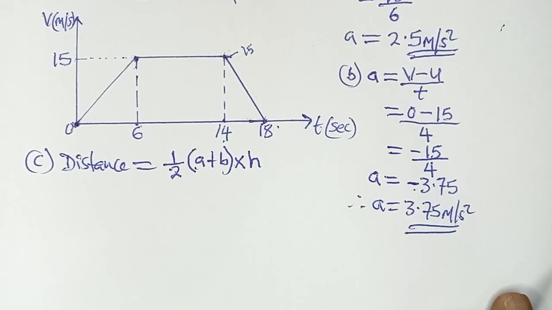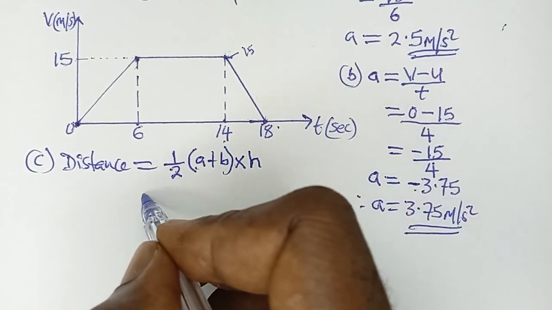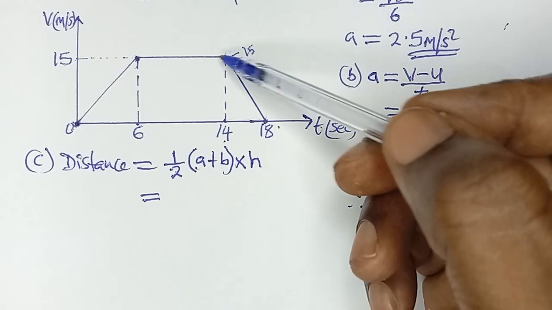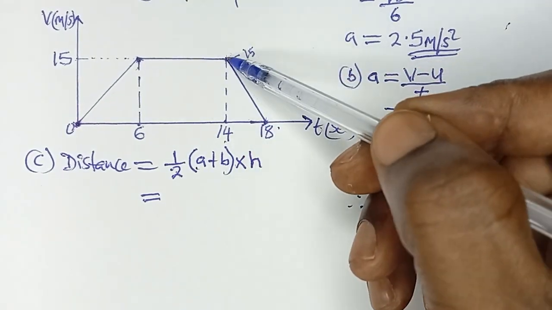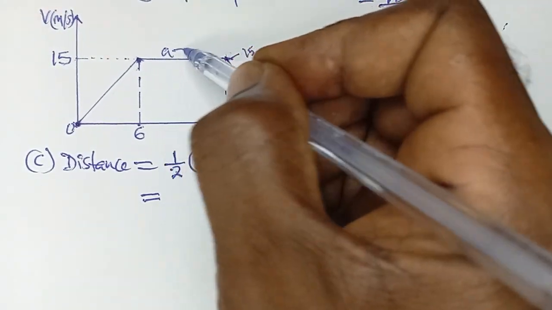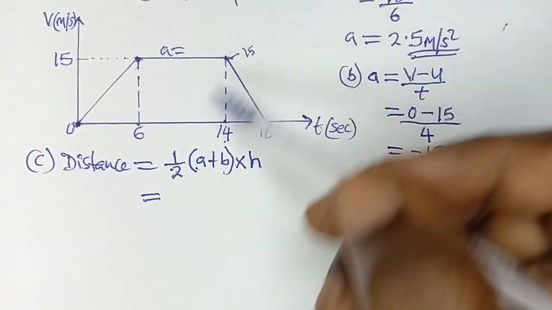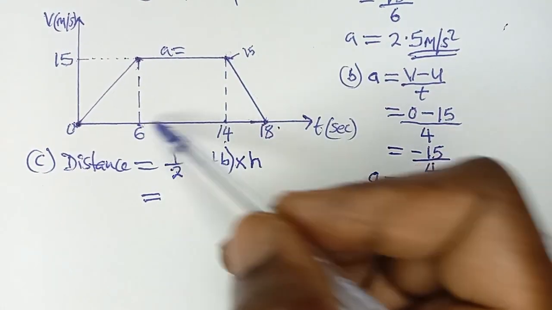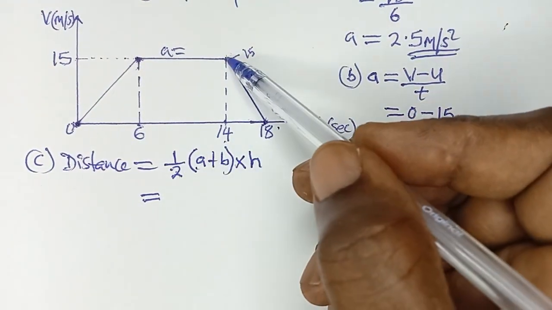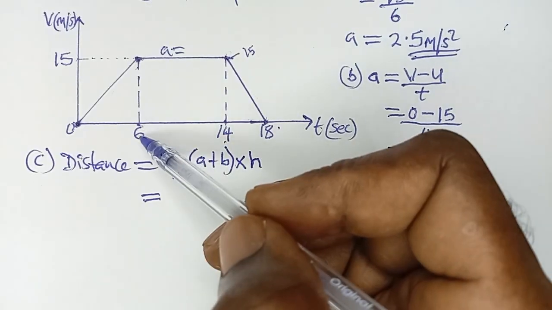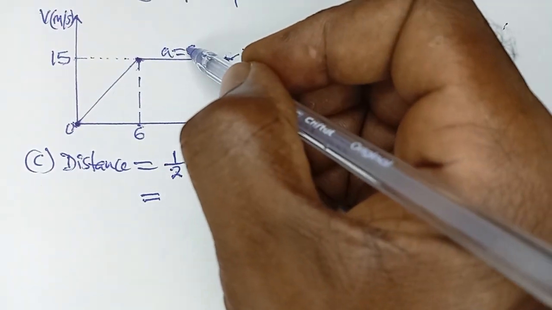So now let's put in the values. This is the top part A. What is the value of A? It can be read from the bottom part. Don't forget, this part is also equal to this. So 14 minus 6 will give us A as 8.